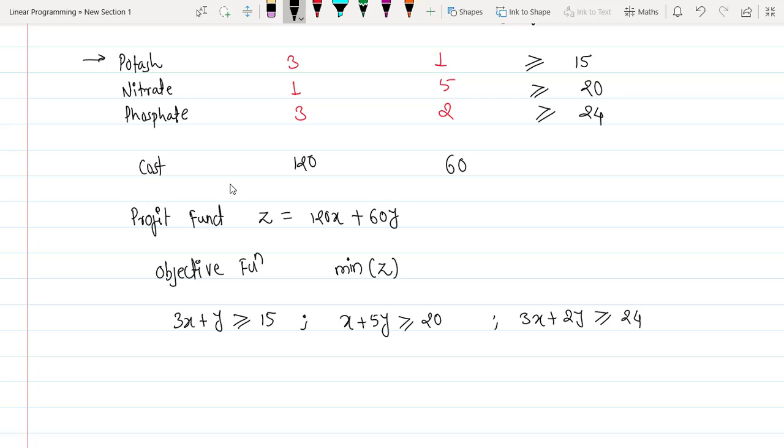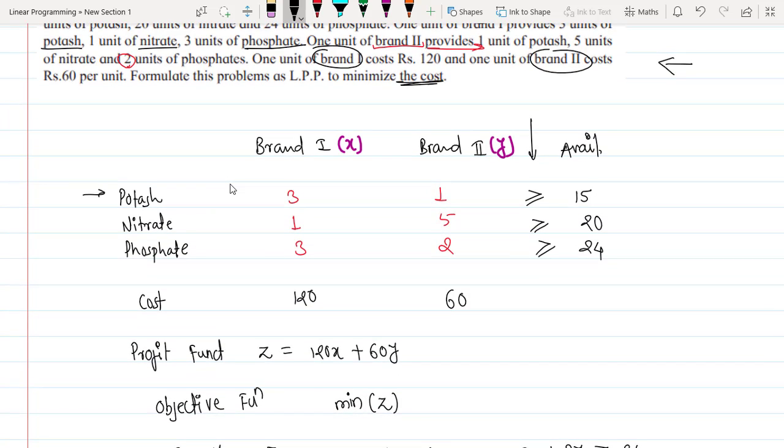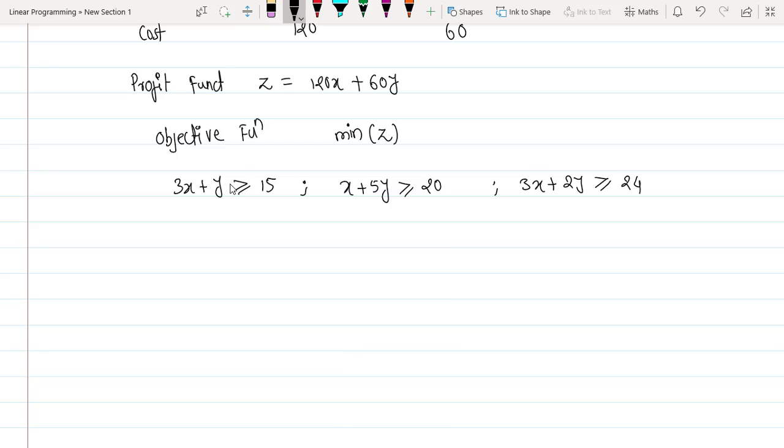So these are the constraints I have. Okay, if x and y are brand 1 and brand 2, can these values be negative? Of course not. So the last constraint, the non-negative constraints, I can write as y is greater than or equals to 0 and x is also the same, greater than or equals to 0. So this is the total formulation of your LPP.